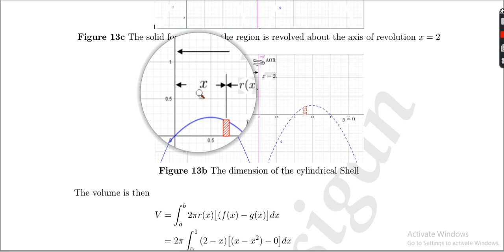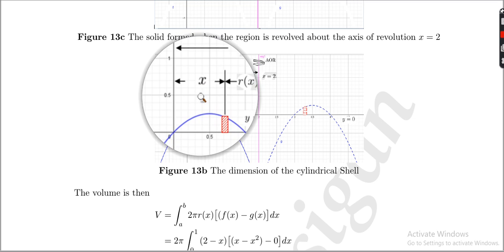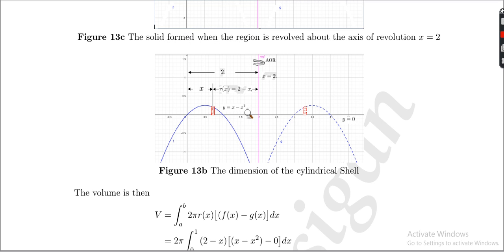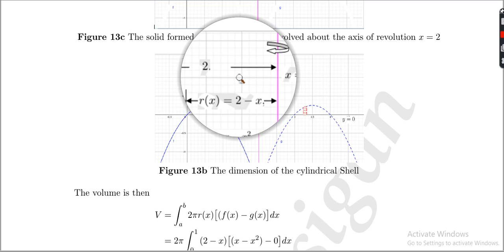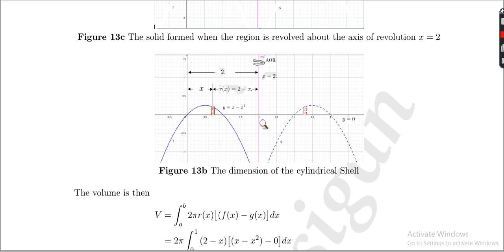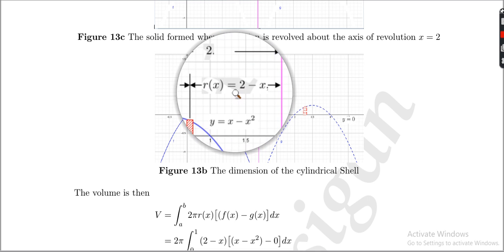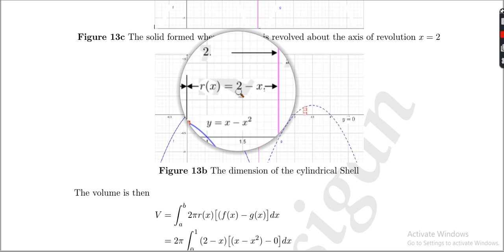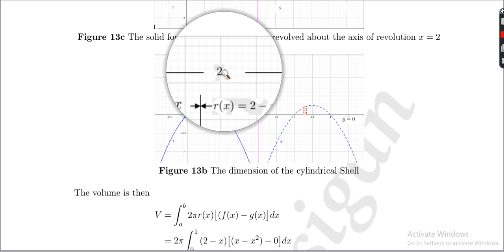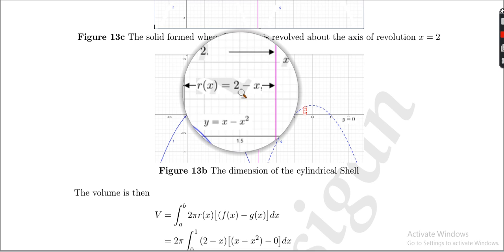From our given problem, the axis of revolution is 2 units away from the y-axis. Solving for the distance from the element to the axis of revolution, that is 2 units minus x, or simply r of x is equal to 2 minus x.